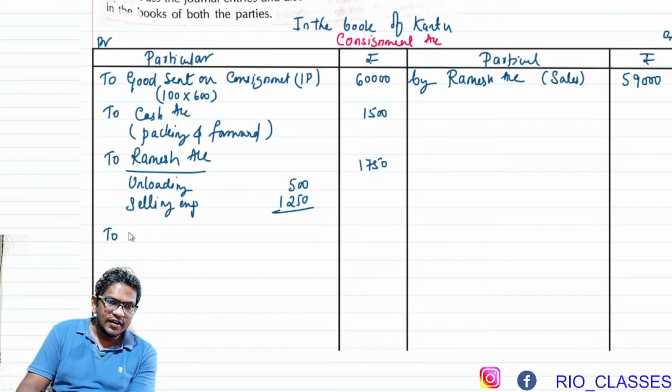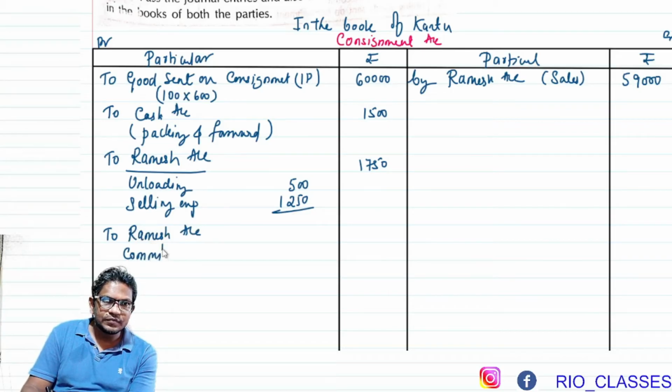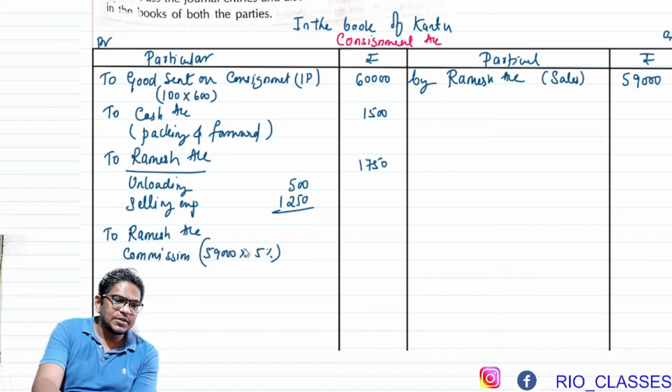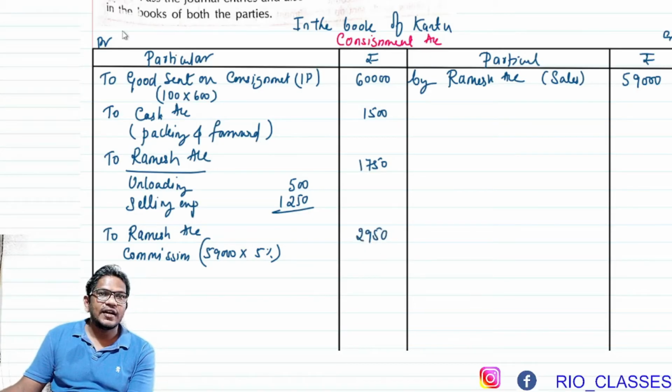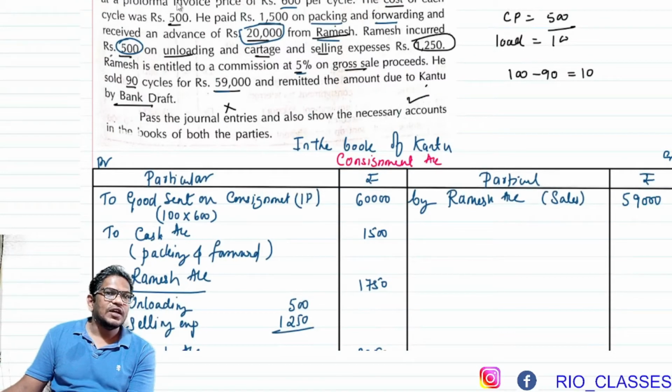So commission is 59,000 multiplied by 5%, which is 2,950. Very simple. The amount remitted to the consignor, we'll take whenever we prepare the Ramesh account.